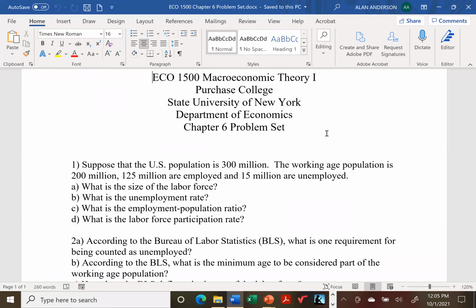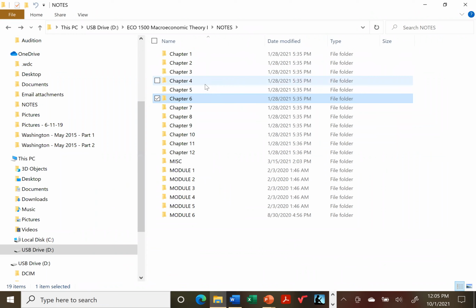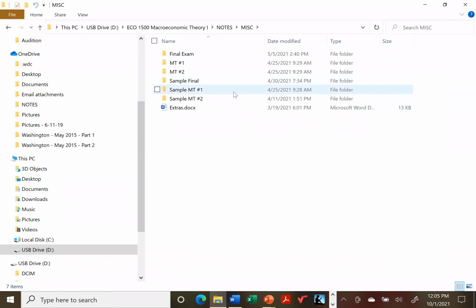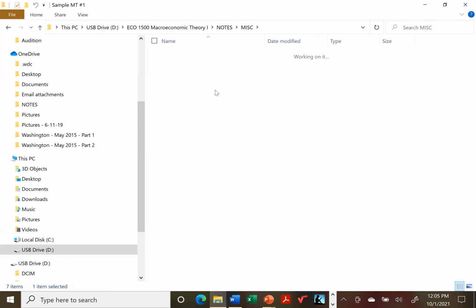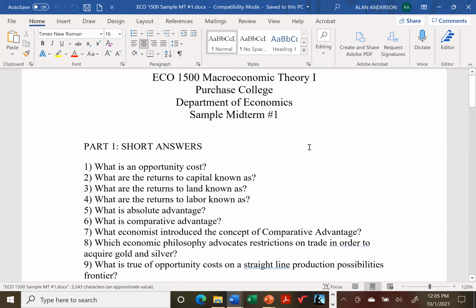But then what we're going to have to do is have what's called a sample midterm, which I think I have right here. The sample midterm is basically a review of everything that you need to get ready for the first midterm. Oh, there it is. So it's literally everything.